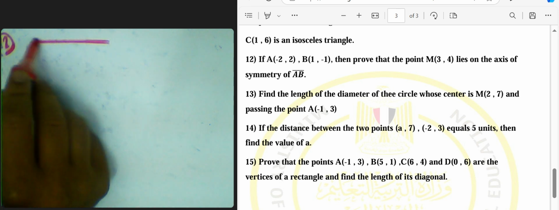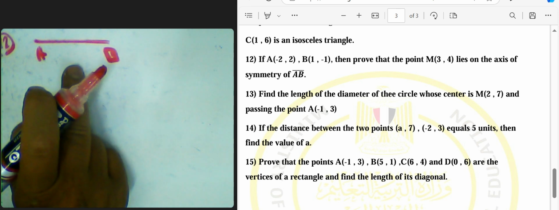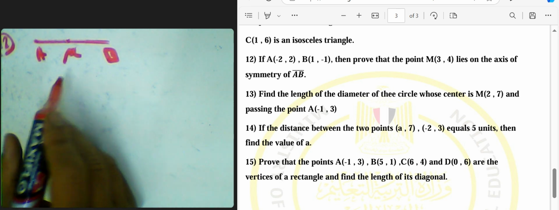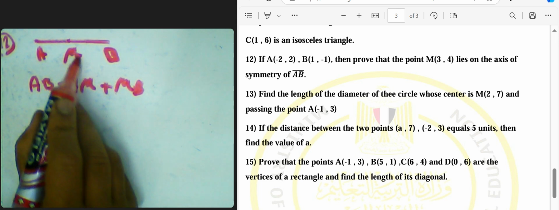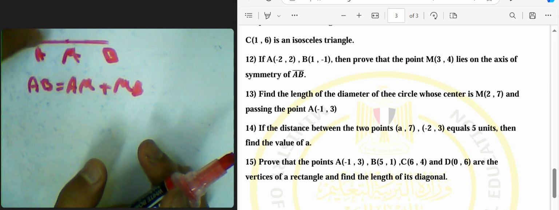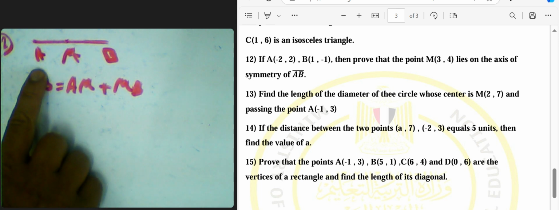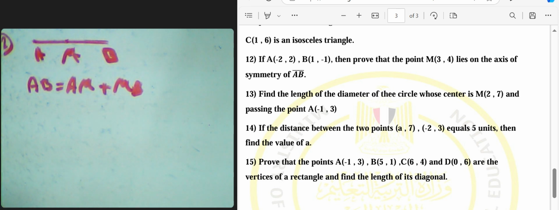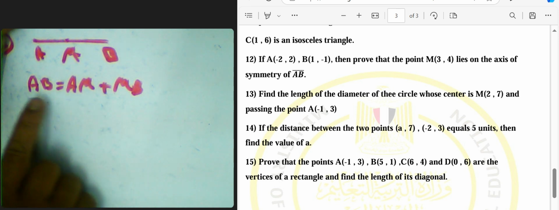We have points A and B, and the point M. If we prove that AB equals AM plus MB, then M lies on the line segment AB. Understood? You want to prove that the point M lies on the axis of symmetry of the AB line segment here.